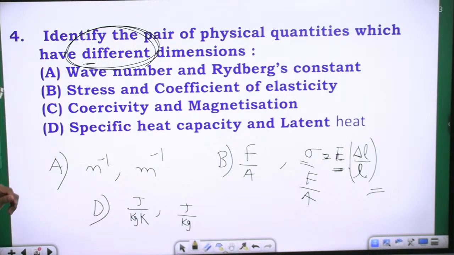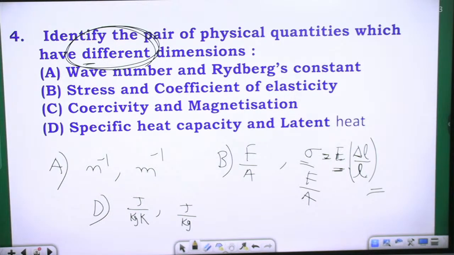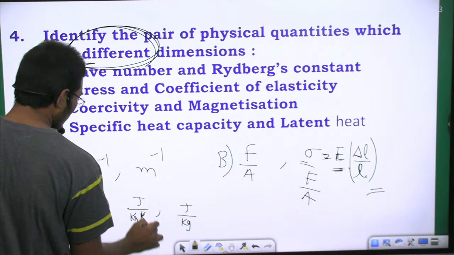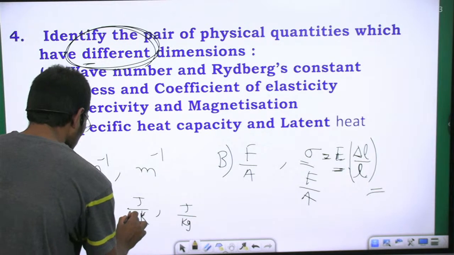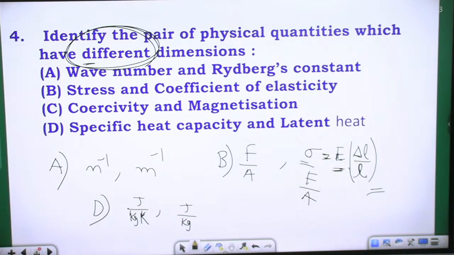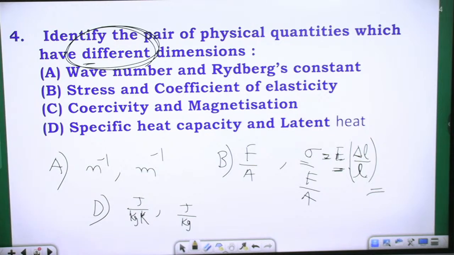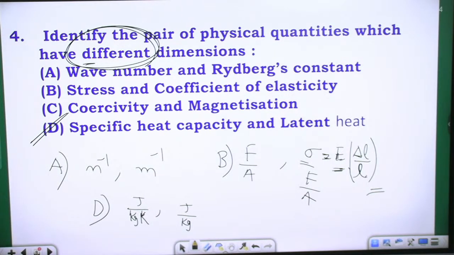See, if it is just heat capacity, we won't get kg here, but it is specific heat capacity, so we get kg here. But for heat capacity, we have Kelvin as well. So option D is the right answer, as we have different units.